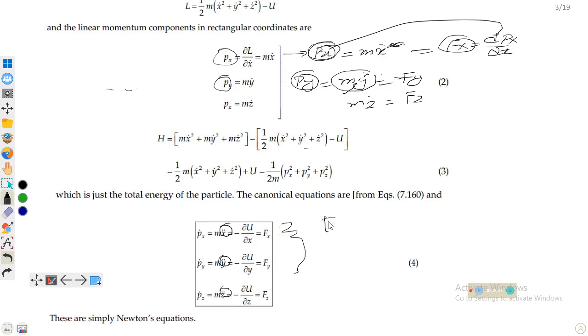So fx is equal to m multiplied by ax, and fy is equal to m times acceleration along y, and similarly fz is equal to m times acceleration along z. These are Newton's laws, which are the requirements of the question.